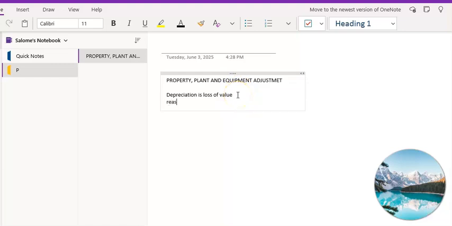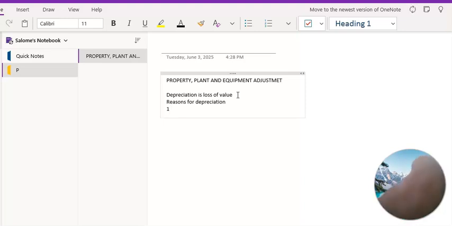So reasons for depreciation. One of the reasons is to ascertain the correct value of fixed assets.